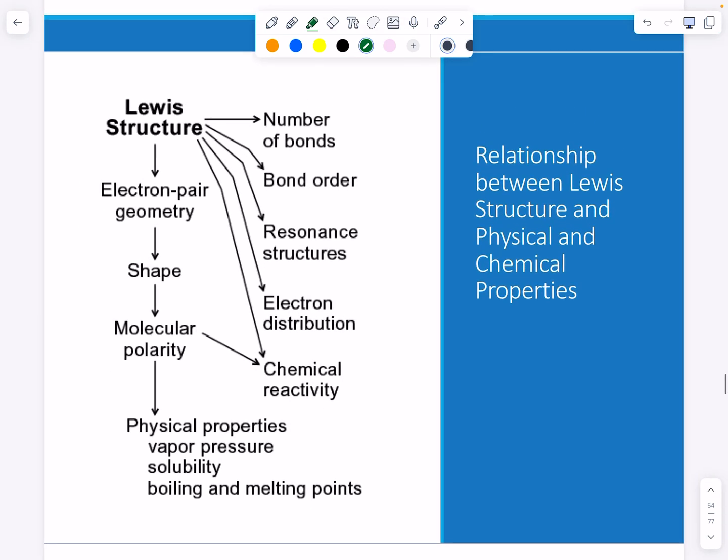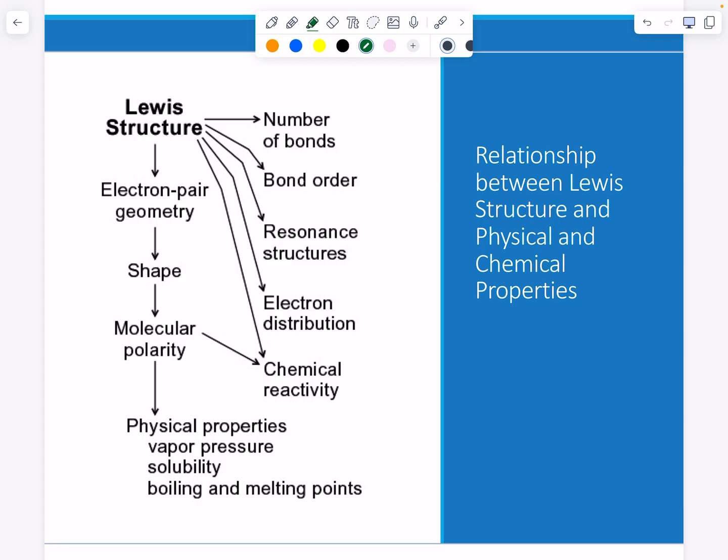All right, so we've talked about drawing Lewis structures. We've talked about when you have electron deficient, when you have expanded valences, and we've talked about resonance, okay? So the purpose, again, of drawing a Lewis structure for a covalent compound is for us to see where the electrons are spending most of their time and who's connected to whom, so that we can understand and predict chemical properties, okay?